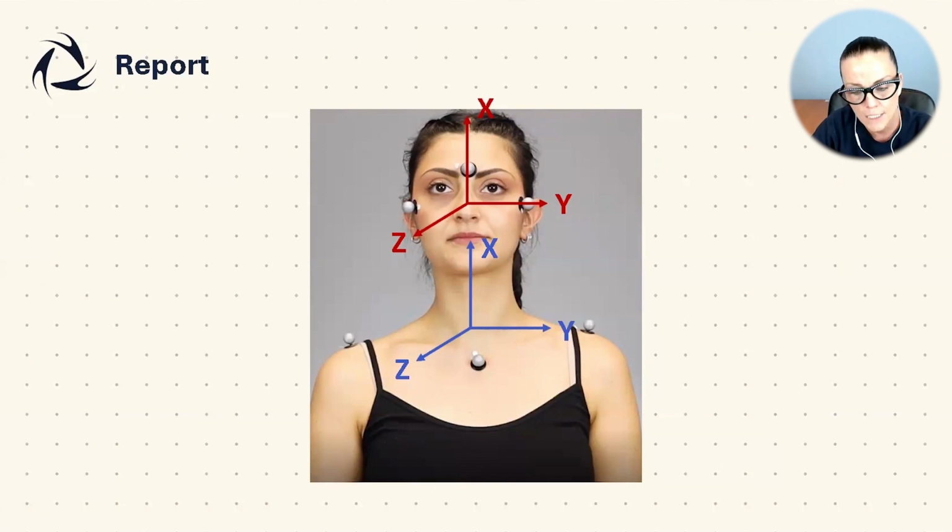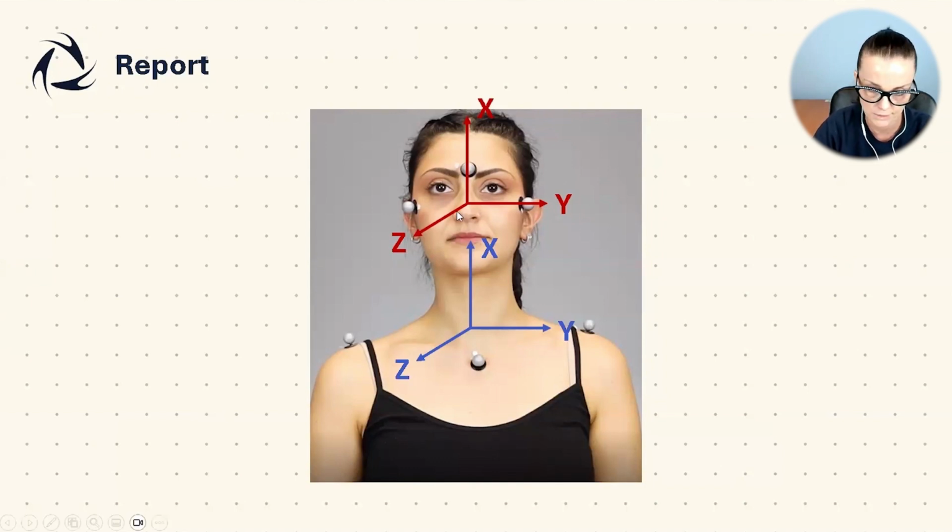And for each segment, you have to create a local reference system. To do that, it's necessary to apply 3 markers, at least, on each segment, in order to create a local 3-dimensional reference system.